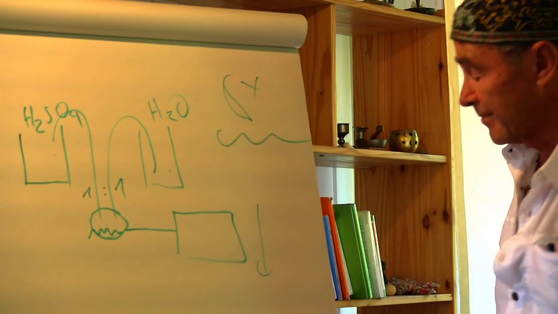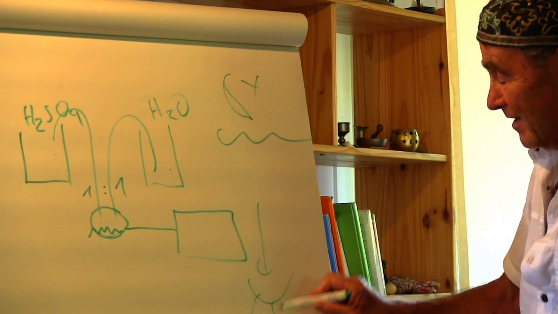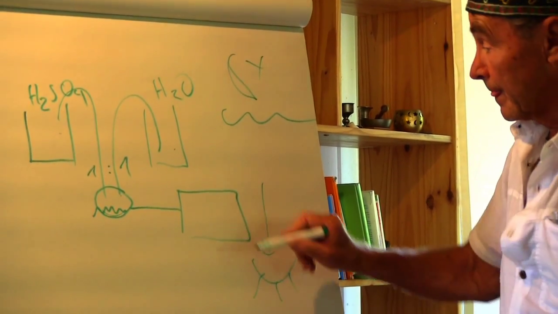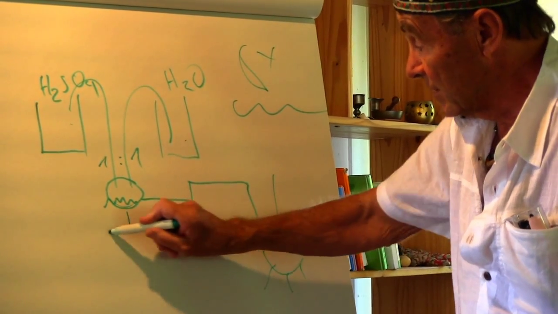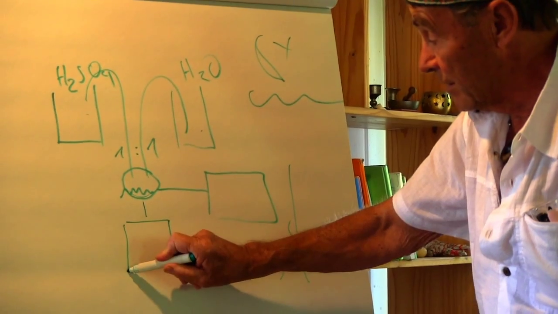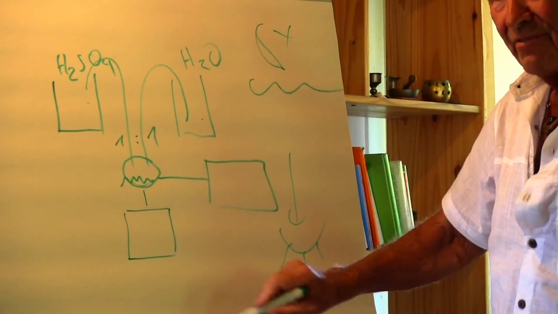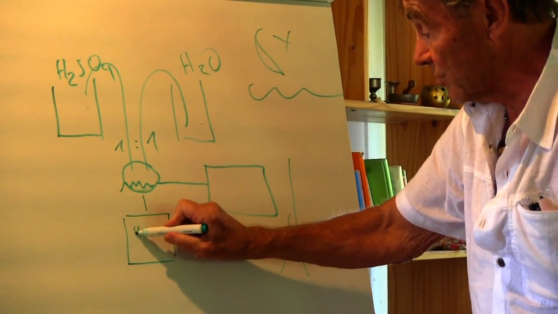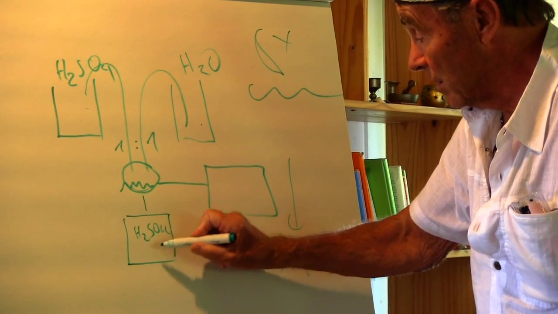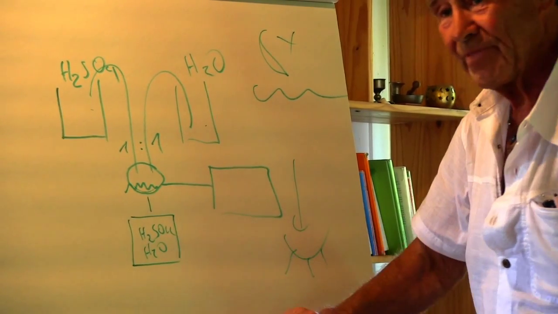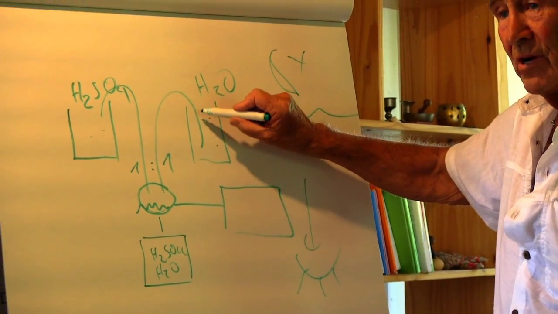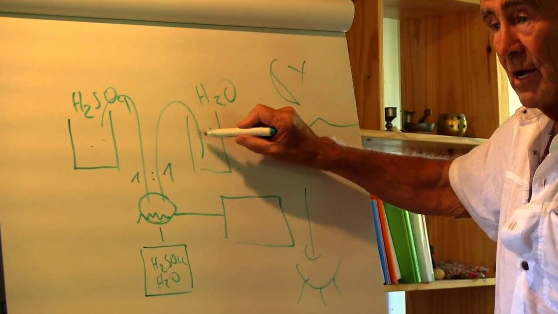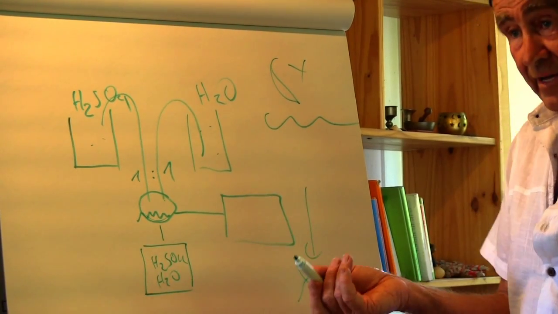When then the sun comes out, you have, I should have designed the third vessel, which is now a mixture of H2SO4 and H2O. So here you have 2 liters if you put 1 liter to 1 liter. And this is no longer reacting.